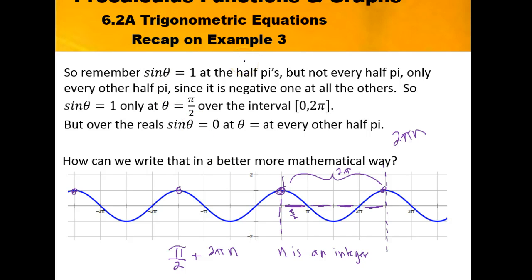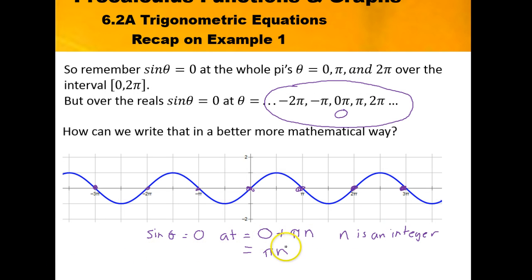Okay, so let's go back a slide. Now this says pi n, where the second slide, remember, said 2 pi n. So it equals 0 at every pi n, but it equals 1 at pi over 2 plus 2 pi n.